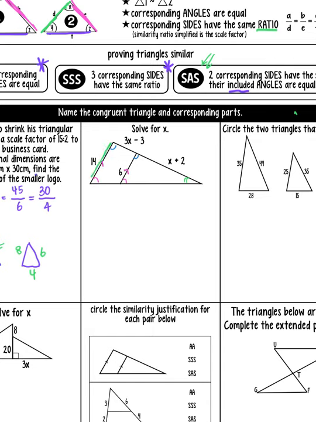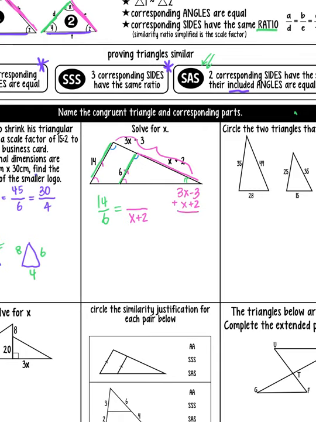I know that this 14 side is corresponding to the 6 side. Here's where I need to be careful in this part of the proportion. I know that this corresponding smaller side is x plus 2, but this longer side will be 3x minus 3 plus x plus 2.